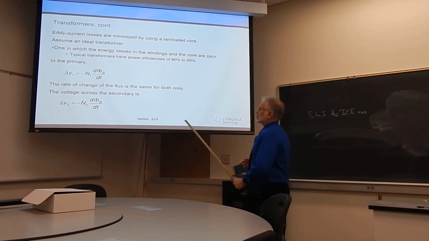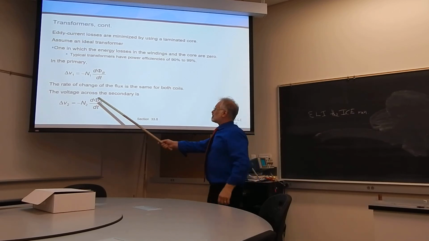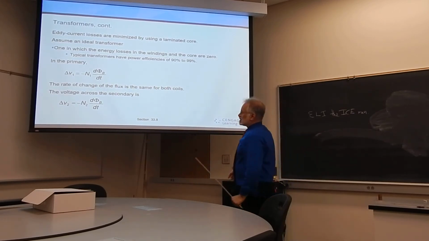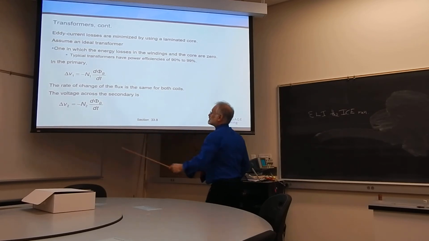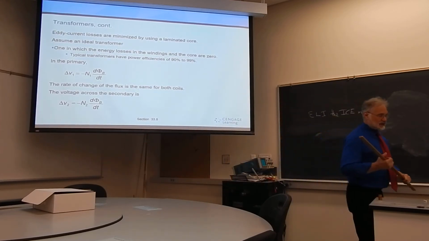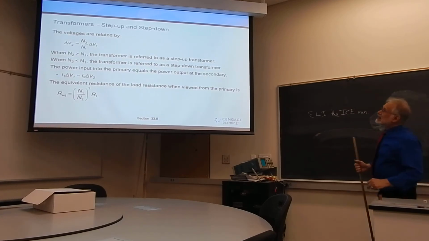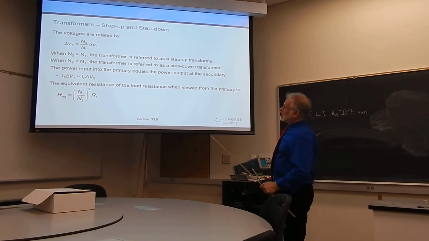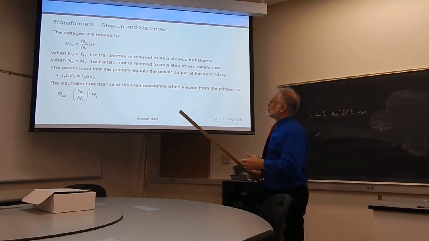In the primary, the voltage that's induced is the number of turns times the change in flux with time. In the secondary, the voltage across the secondary would be the number of turns in the secondary, again, times that same flux factor. Therefore, in the case of a step-up and step-down transformer, if the number of turns in the secondary is larger than the number of turns in the primary, we have a step-up transformer.